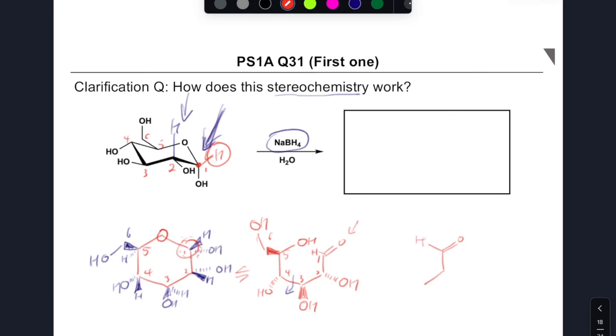Bond 3, 4 is still up like that. And then now this 4, 5 bond will be down in plane. And finally out to number 6. So 1, 2, 3, 4, 5, and 6 is what my intention is across that. Here, let me just move this over just a little bit.